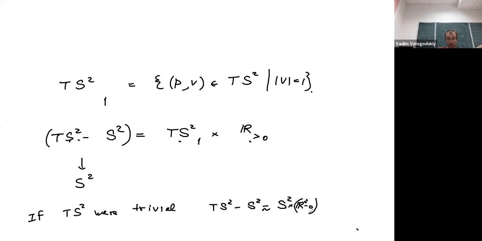That's obvious, because trivial means that TS2 is diffeomorphic to S2 times R2. So you remove the zero section, you get this.